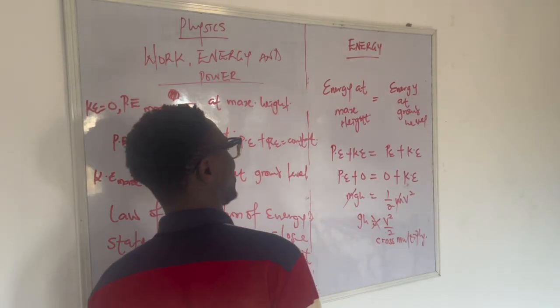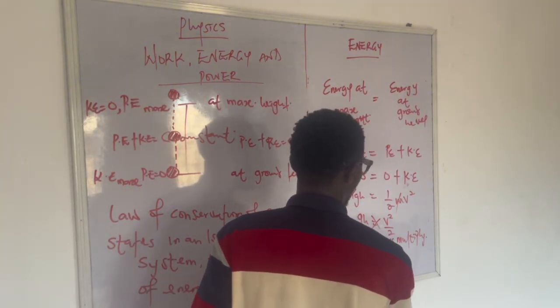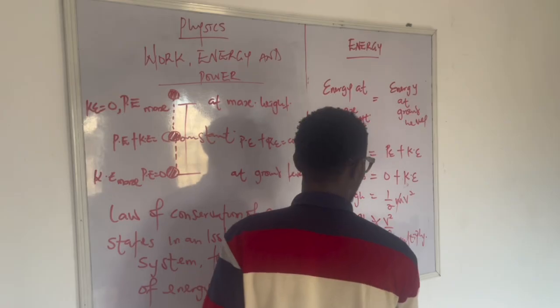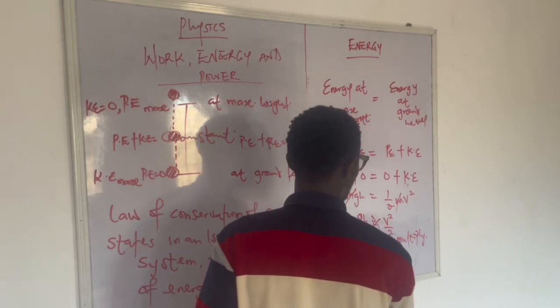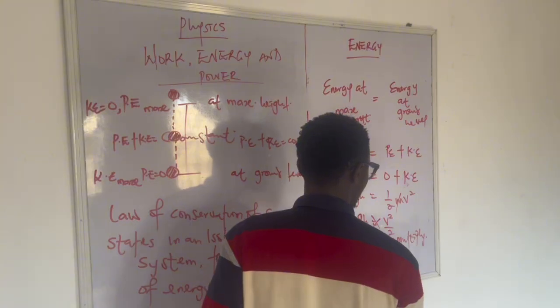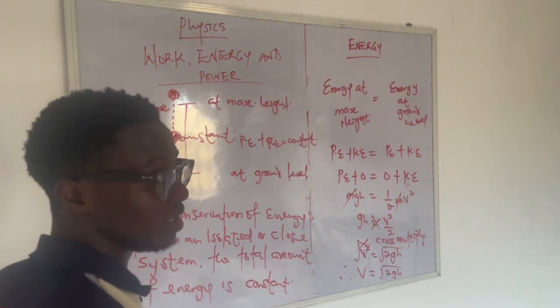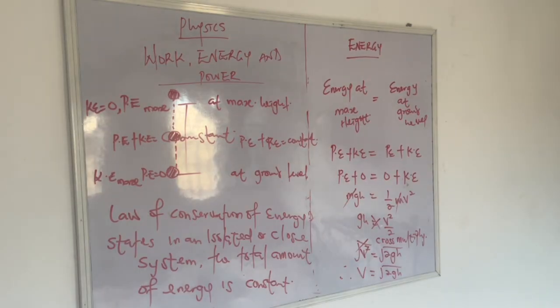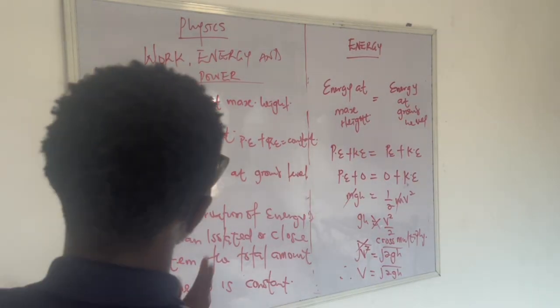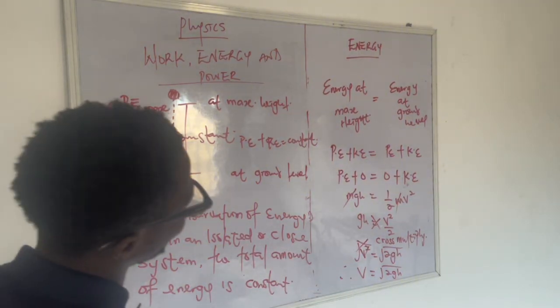Then we can actually say v square equals to 2gh. Then we can find the square root of both sides. So therefore, velocity is now what? Root 2gh. So that is the velocity of the energy conserved.